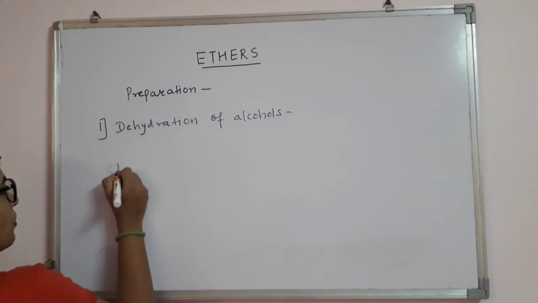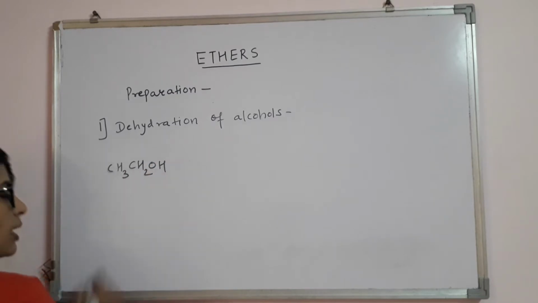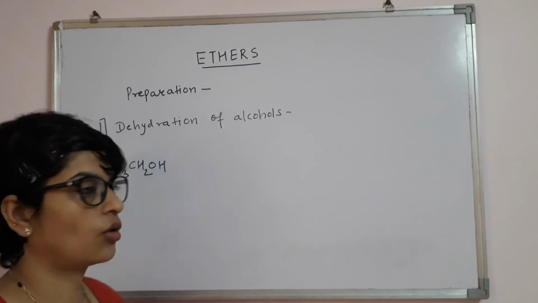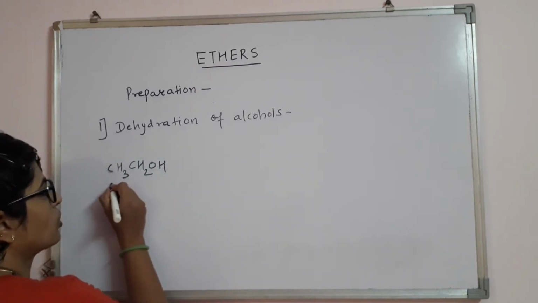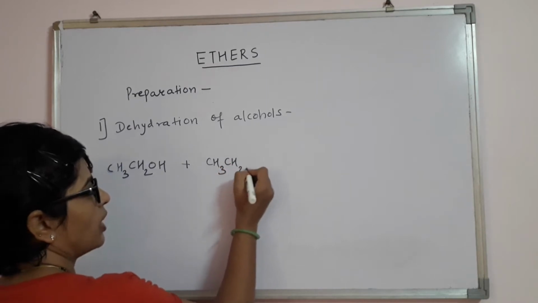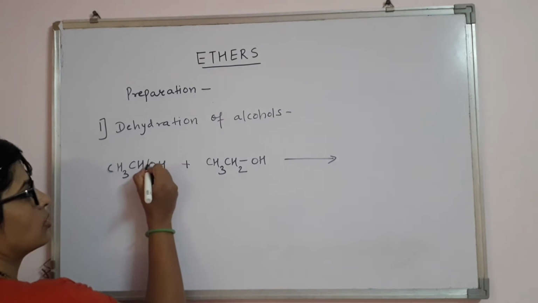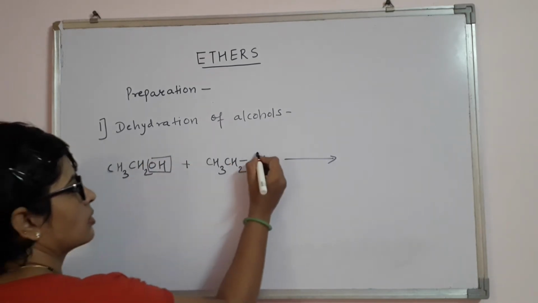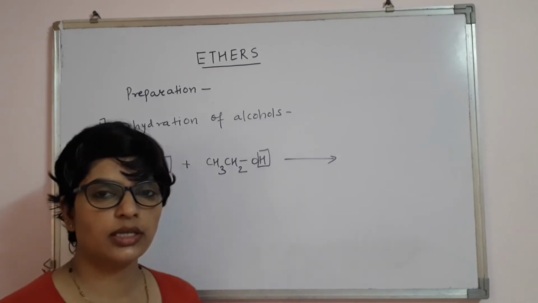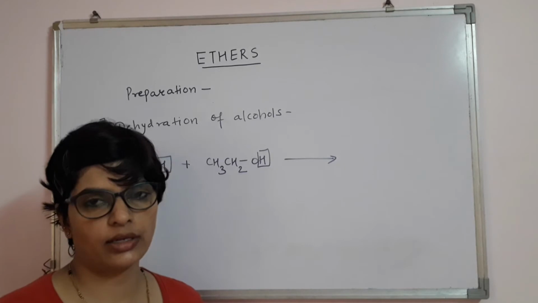Let us see. I will take an example of ethyl alcohol. If I want to prepare an ether from ethyl alcohol, I will have to remove water from two molecules of ethyl alcohol, like this. It is very easy to understand that a molecule of water is lost from two molecules of alcohol.